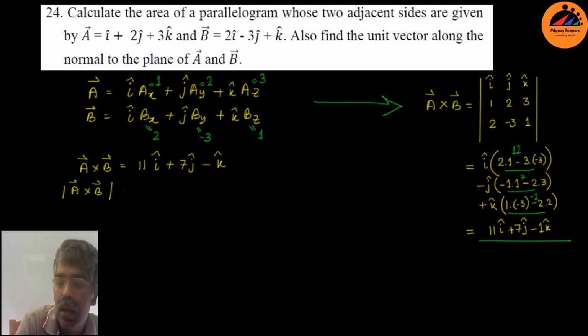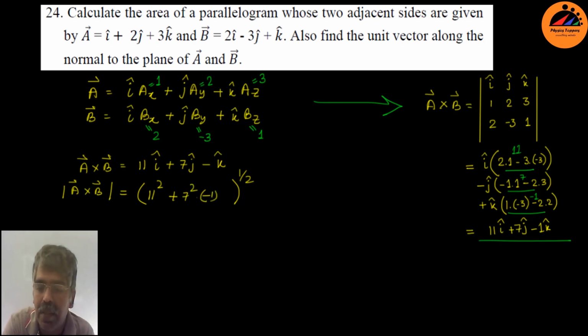Okay. So what is the magnitude of A cross B is basically, so the components of this square to the power of half. So this is 11 square plus 7 square plus of minus 1 whole square. So that is 11 square is 121 plus 49 plus 1.